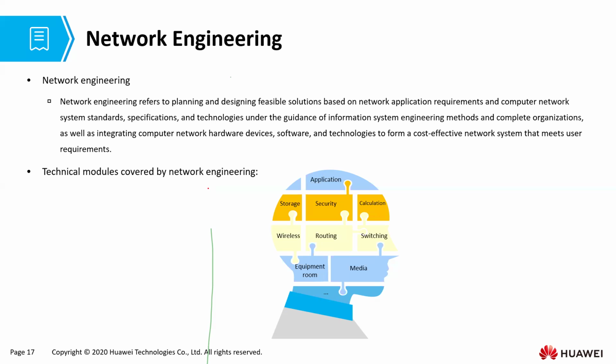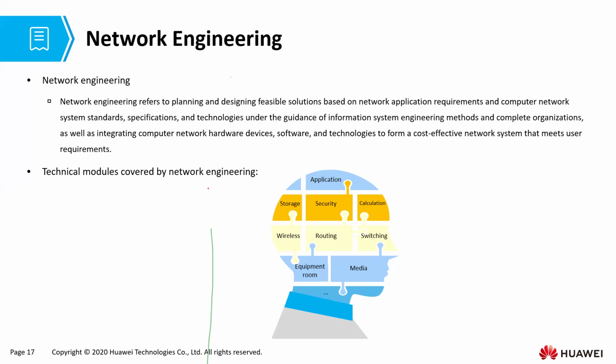After you plan, you design, then you integrate and interconnect a number of components so that you can build a functional, cost effective network. That is what network engineering is. Planning, designing, integrating components, cost effective.